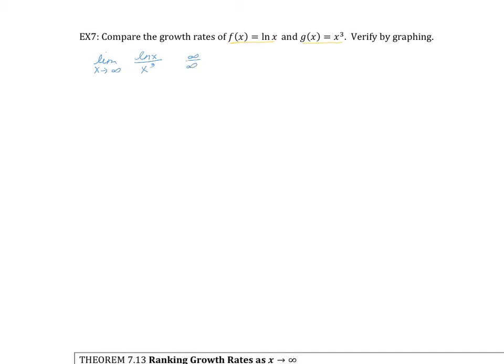So I'm going to use L'Hopital's, and I get the limit as x goes to infinity of (1/x) over 3x squared, which is equal to the limit as x goes to infinity of 1 over 3x cubed.